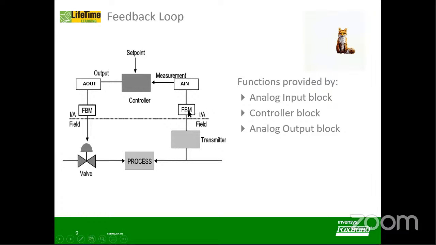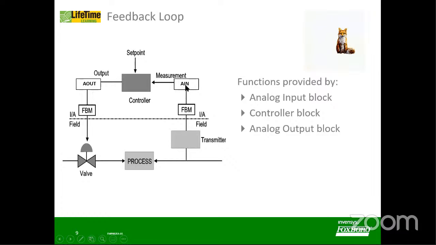From there it comes to the FBM, the Fieldbus module, and from there to the analog input block. This analog input block, this controller block, and this analog output block, these three are part of the software, the engineering software where you will develop them.